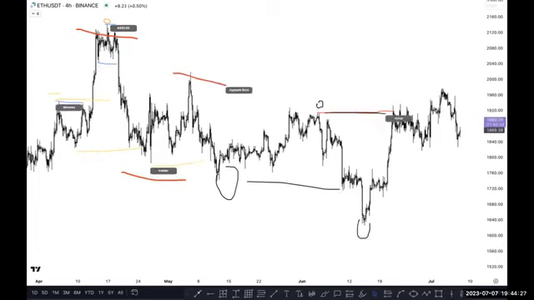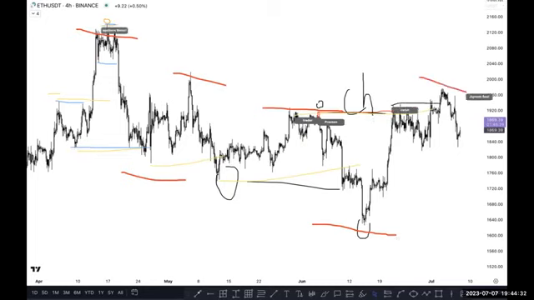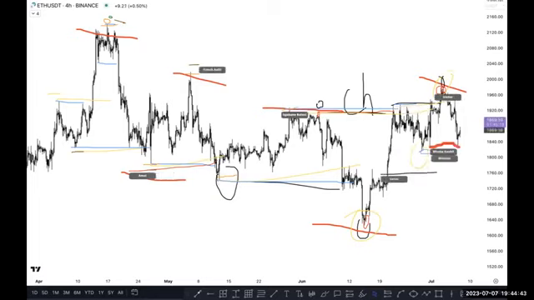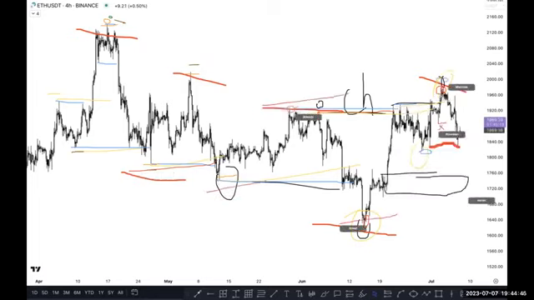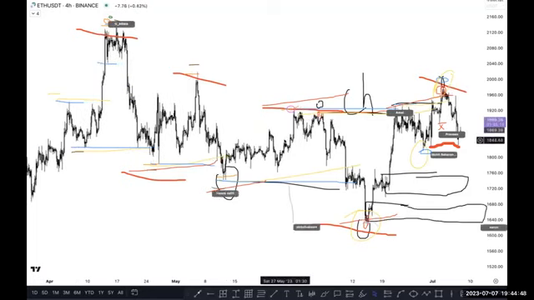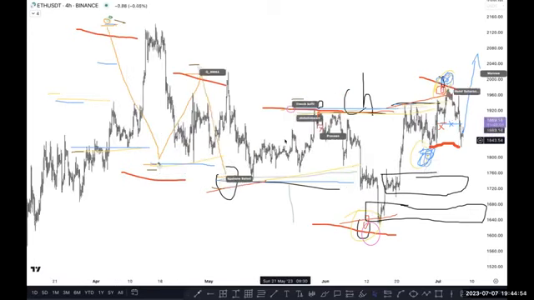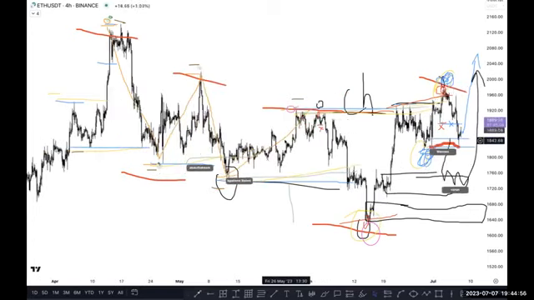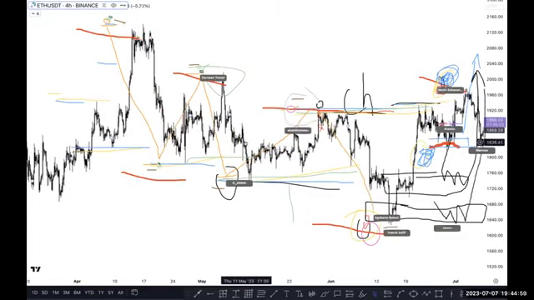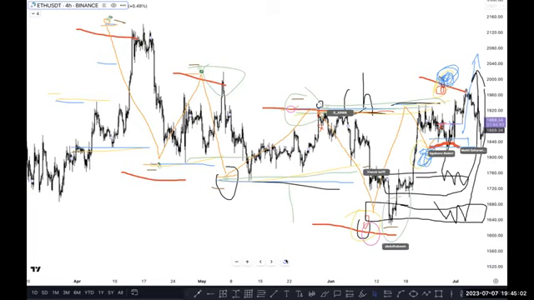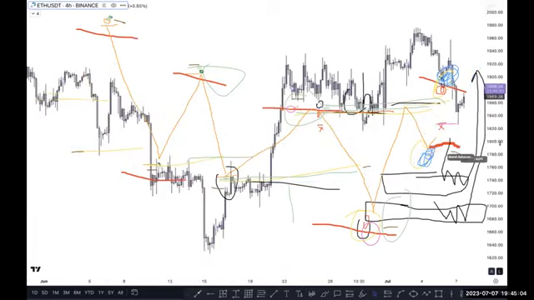Just mark the main high and low, right? Let's mark here on the current price section, something like this.